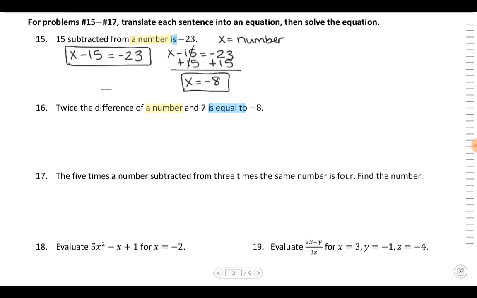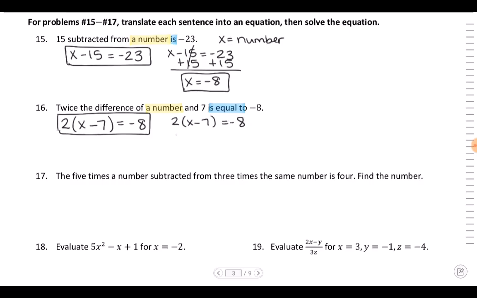So when you see twice the difference or twice the sum or twice the product, that means you're going to put 2 and then some parentheses. So twice the difference of, and difference means subtraction, right? And you just write them in the order that you read them. So a number would be x and 7. So x minus 7. And then it says is equal to negative 8. So this would be my translation here. Go ahead and box that. And then over here, we'll solve it.